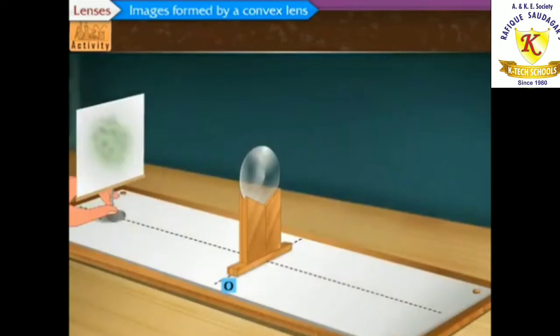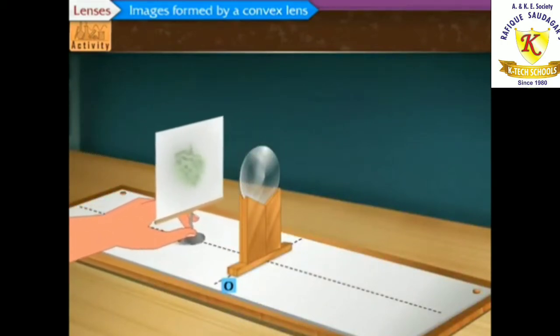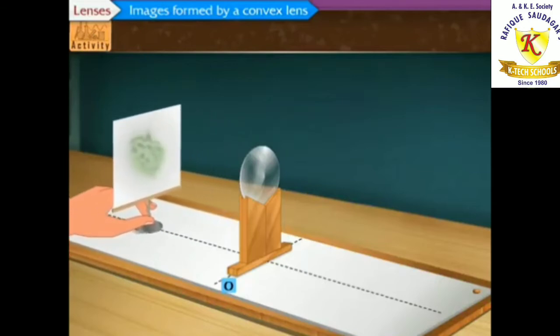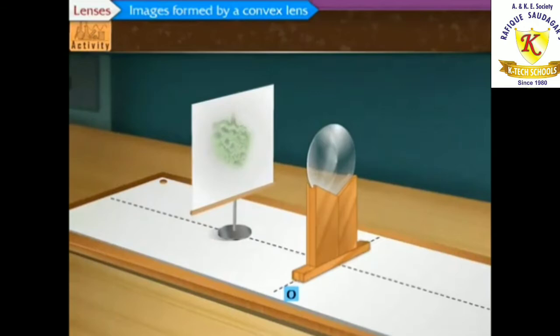Place the screen on one side of the lens. Move it along the line so as to get a clear image of a distant object. Now, after getting the clear image at this distance, mark its position.